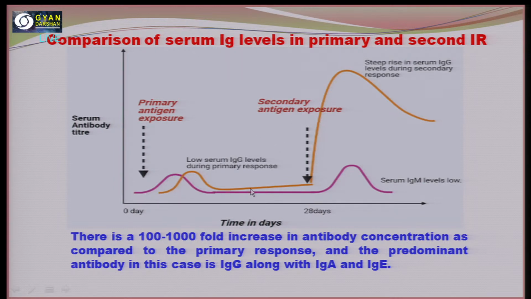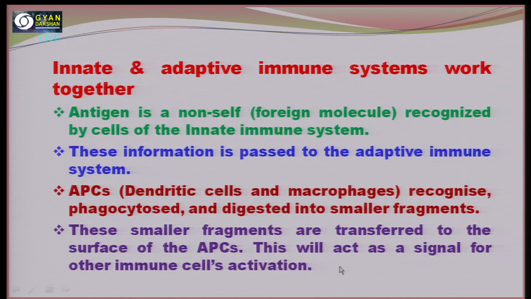The IgM concentration is generated very fast, and then IgG is generated. After the second exposure the IgG concentration is very high, with a 100 to 1000 fold increase in antibody concentration compared to the primary response, and the predominant antibody is IgG along with IgA and IgE.